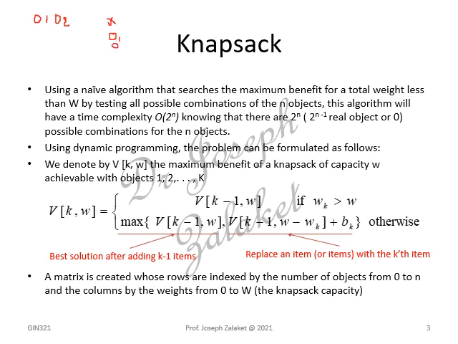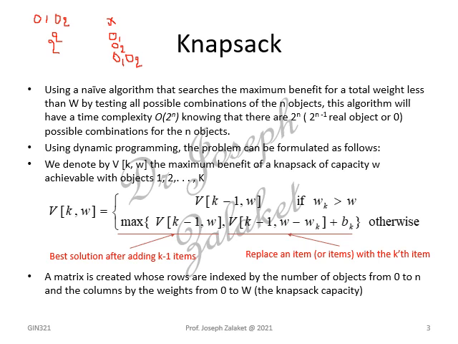Third, O2 alone. Fourth, O1 and O2 together can fit inside the knapsack. So for 2 objects, I have 2 power of 2. That's all. If you take 3 objects, for sure we'll get 8 possible combinations by using the same approach.